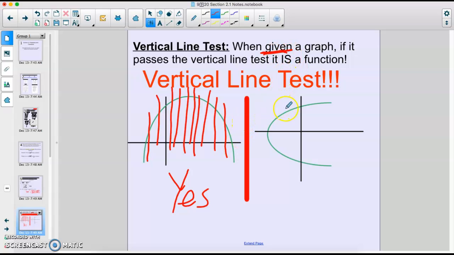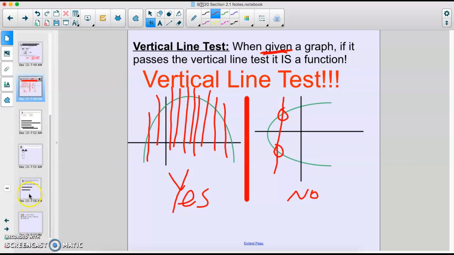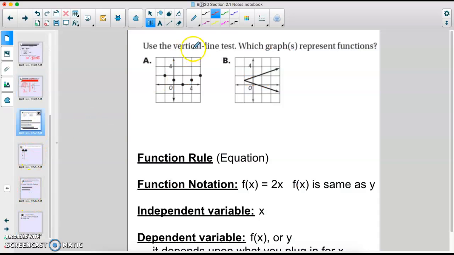Now this one touches the graph here and it touches the graph here. So this is a no. So use the vertical line test. Which graphs represent functions? If we draw lines through the graph here, are we touching any other parts of the graph? No, we're not, so yes, it passes. Now what about here? Uh-oh. We cross at two different spots, so that's a no.